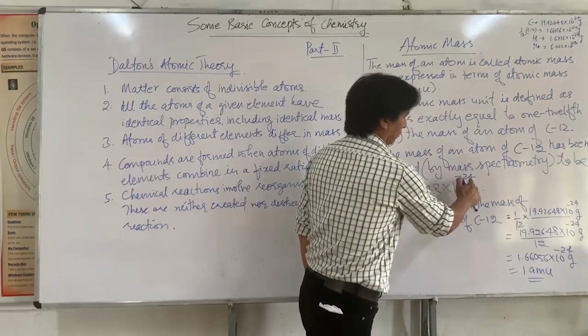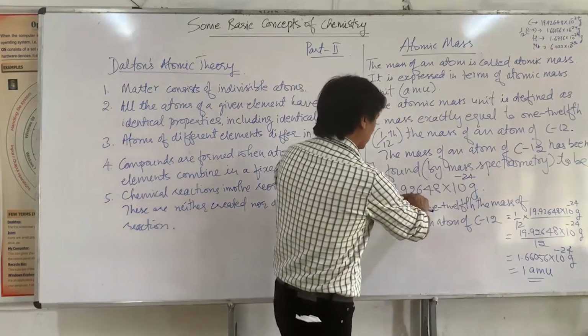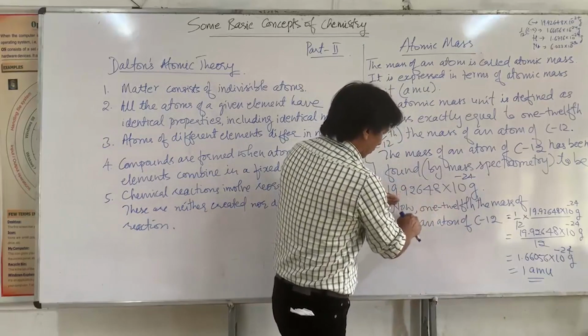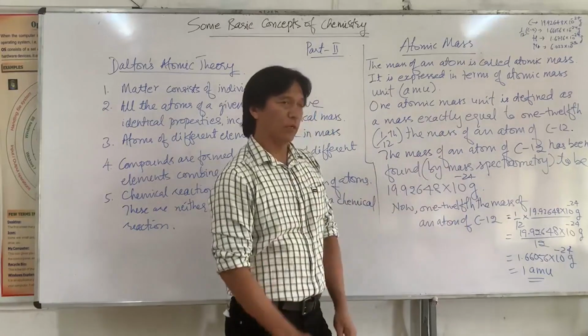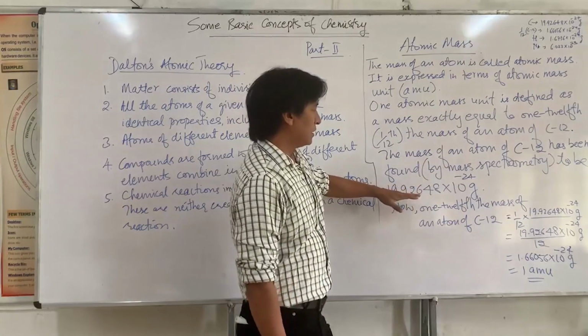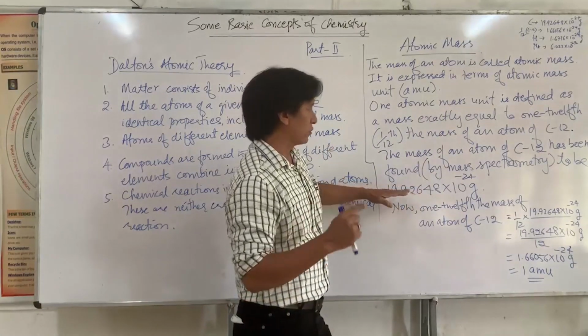10 raised to the negative 24 means you're going to divide this number by 1 followed by 24 zeros. So this is going to be a very, very small number. This is actually the mass of just one atom of carbon-12.